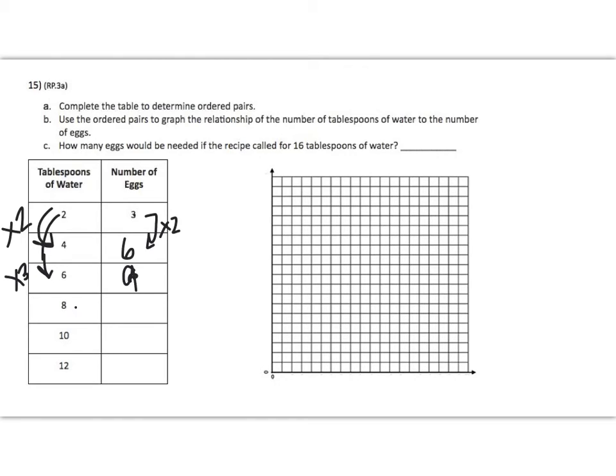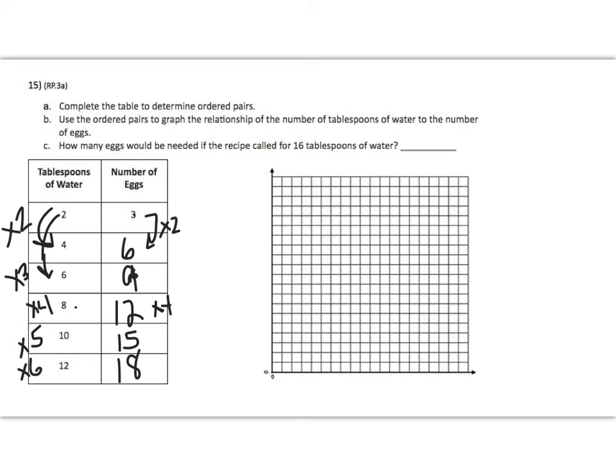2 times 4 is 8. 3 times 4 is 12. 2 times 5 is 10. 3 times 5 is 15. 2 times 6 is 12, and 3 times 6 is 18.